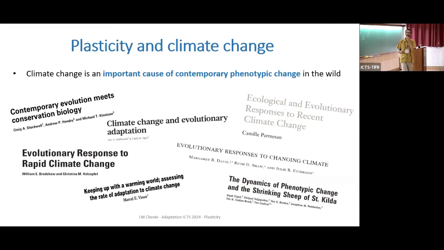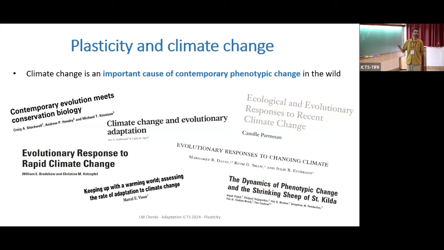One of the reasons why I got interested in that, because I'm a bit like you, I'm interested in adaptation, how adaptation works. I wasn't really thinking about this, but then when you look at phenotypic responses to climate change, these are some article titles, I think it stops at 2010.